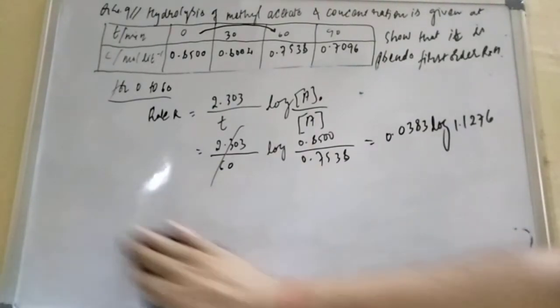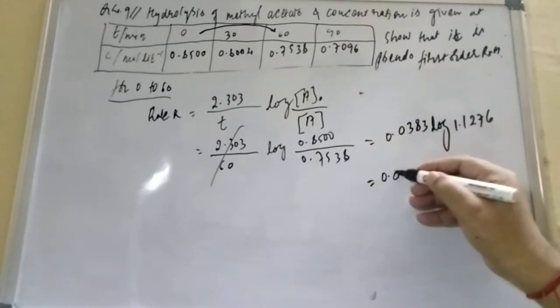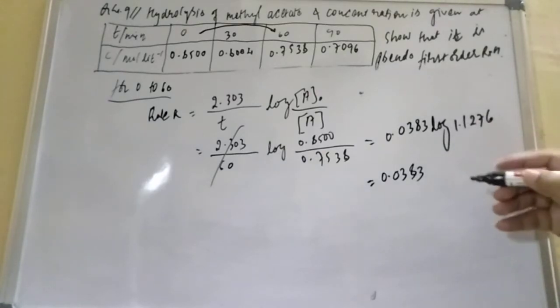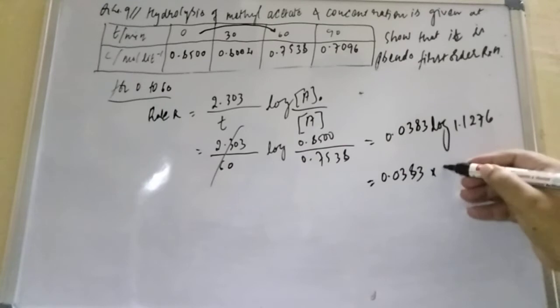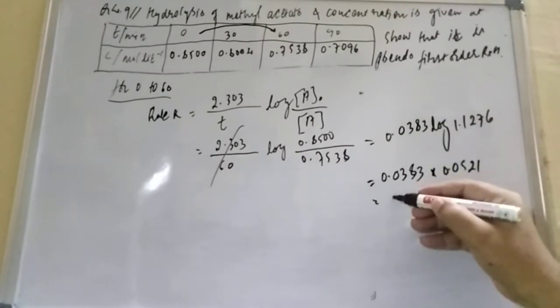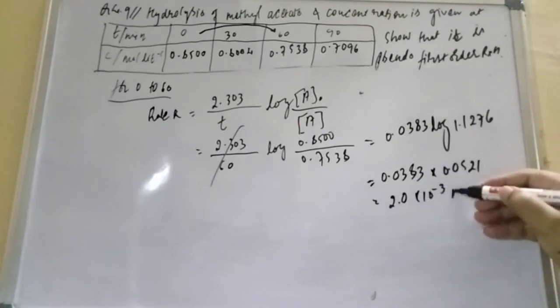Another portion you are going to, so here it will come 0.0383 and log 1.126. From the data's log table you see it is coming 0.0521. So if you calculate, it is coming 2.0 into 10 power minus 3 minute inverse.